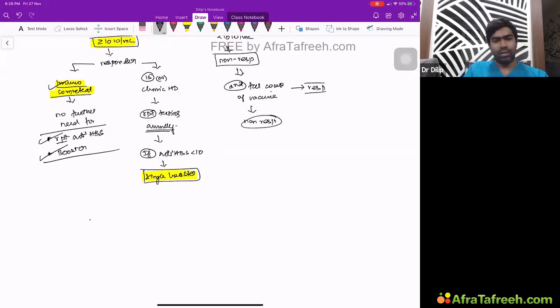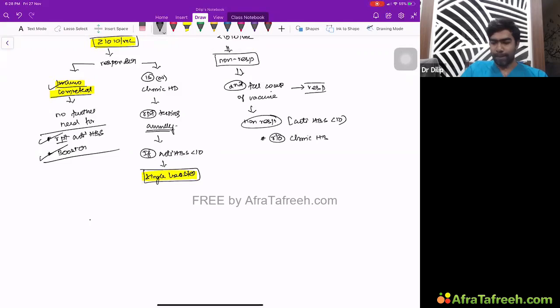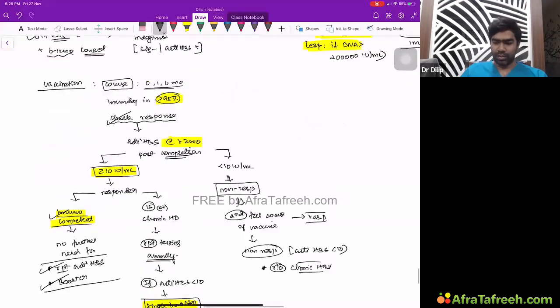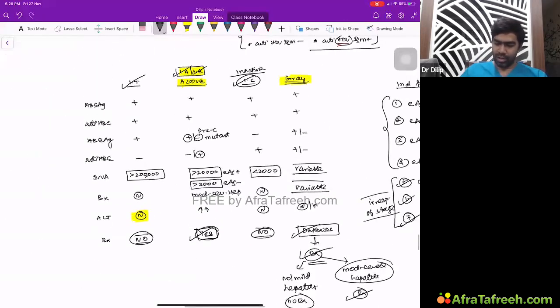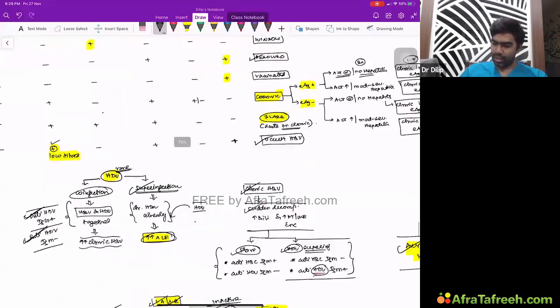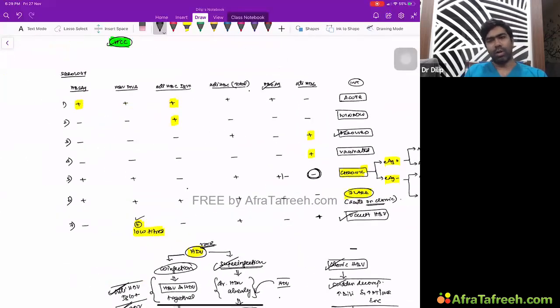Even after the second course of vaccine, if they still remain a non-responder, that is anti-HBs less than 10 persistently after 2 courses, there are 2 things that you need to know. One is to always rule out chronic hepatitis B virus. Please understand, in chronic HBV infection you won't develop anti-HBs. However many times you give the vaccine, you won't develop anti-HBs.